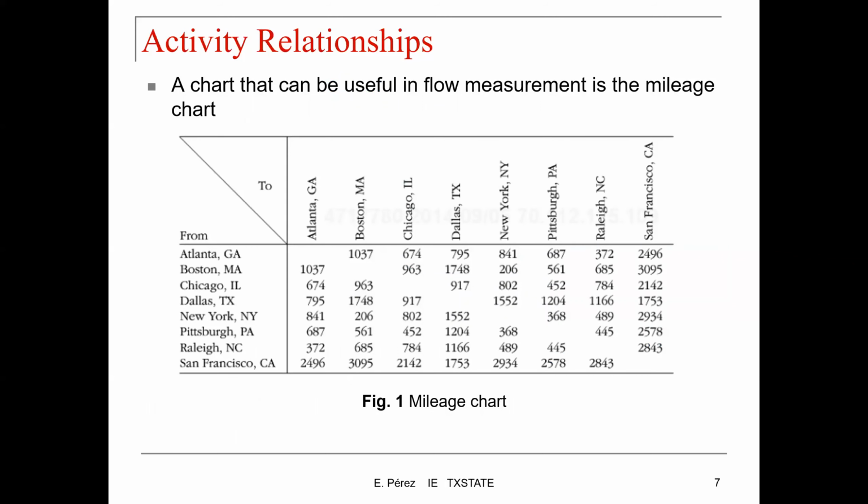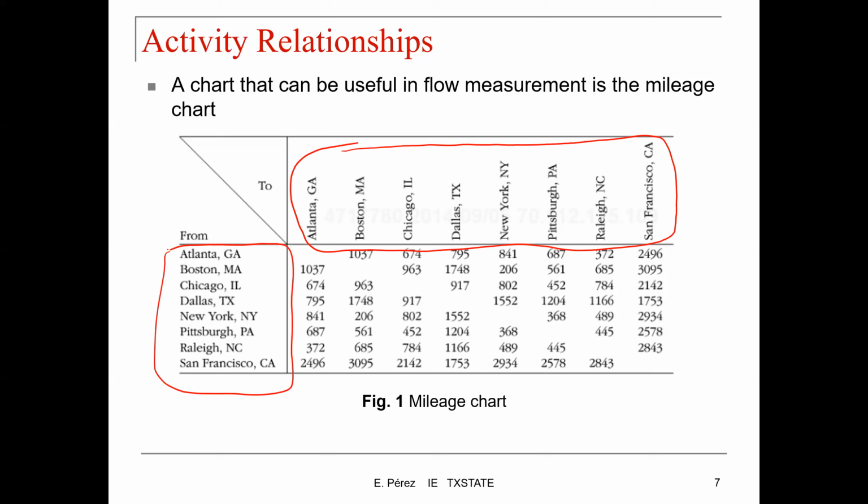A chart that can be useful in flow measurement is the mileage chart. So in this example, we have a mileage chart for traveling between cities in the United States, and we have the cities listed in the horizontal axis and also in the vertical axis. What we want to illustrate here is the distance between these cities, which can be useful for multiple things.